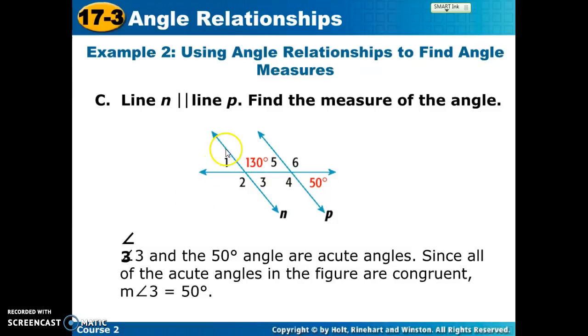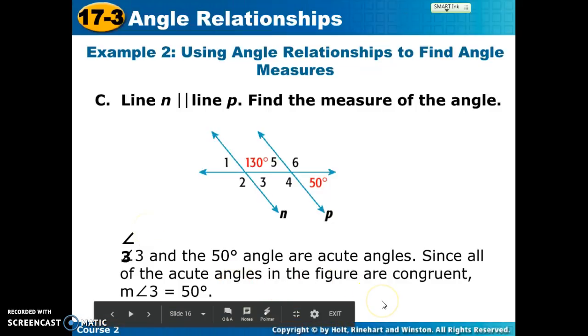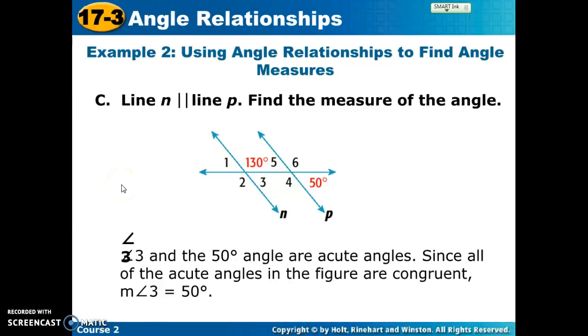Also, since we know that we have obtuse angles, 130 degrees, and we found the measure of angle 1 was an acute angle, 50 degrees, we can also say, whoa, all the acute angles in this figure are going to be congruent, right? So if they're congruent, I know that they all have to be 50 degrees. All the obtuse angles are going to be 130 degrees. So that's another way to look at it to find all of these.